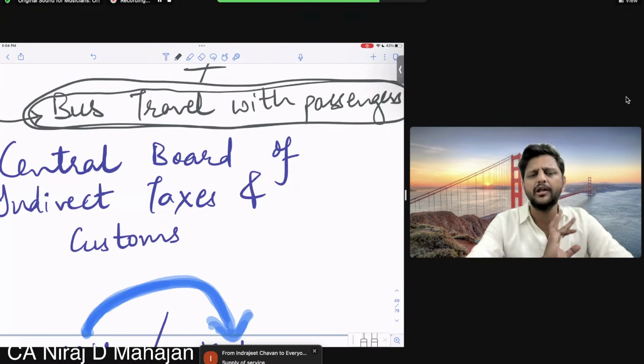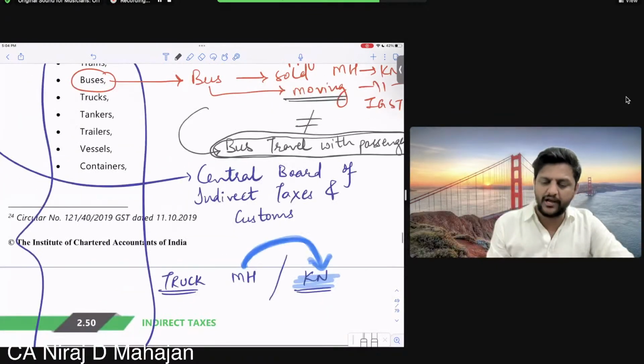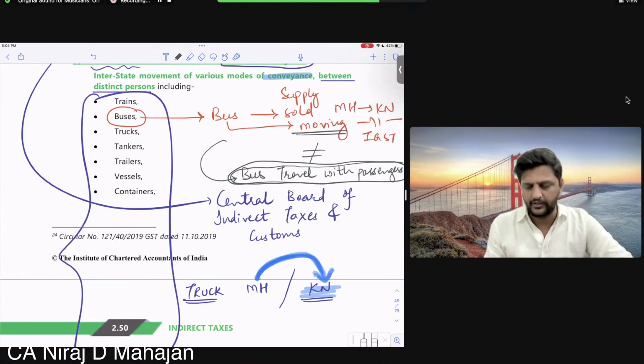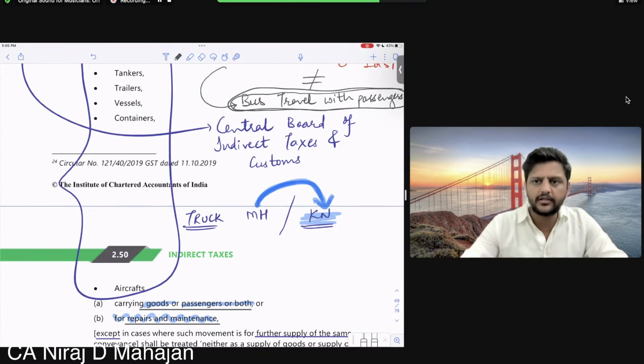Is it supply of goods? No. So when the bus is traveling, let us say interstate, for the purpose of what? Carrying goods or passengers or both, or, as I was telling you, for repairs and maintenance. Yes, still here?